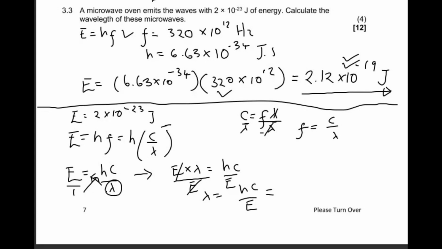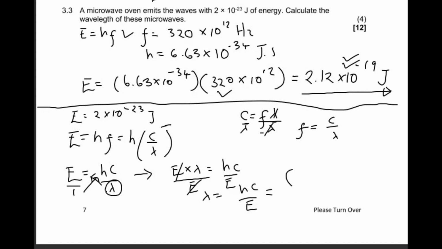Some people prefer to do this process once they have substituted in the values. It's the same thing. I personally prefer to do it beforehand because I think with values it's so easy to lose track because you're working with very large or very small values over here.